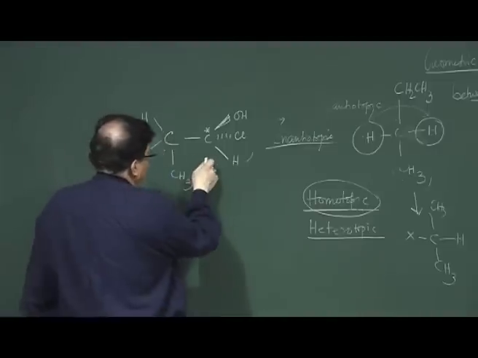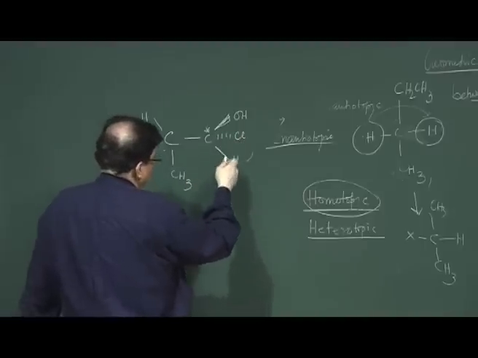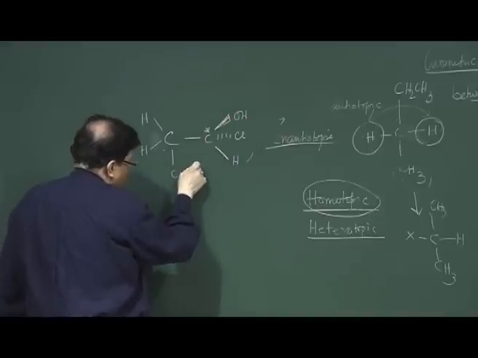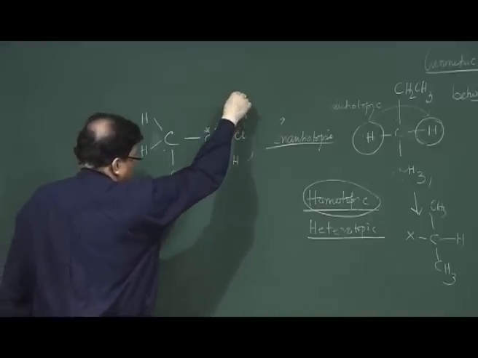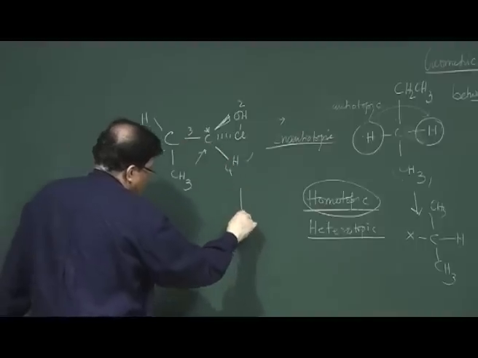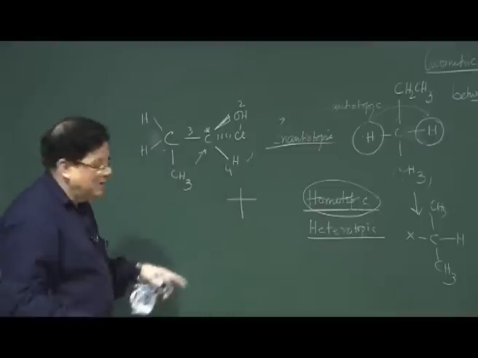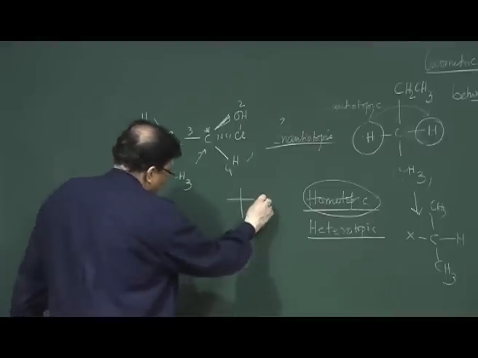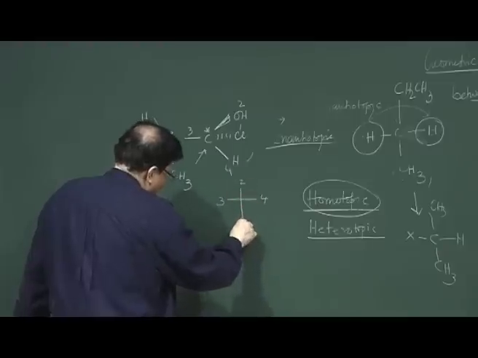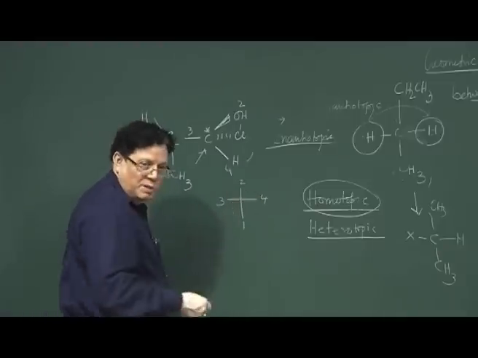Okay, let us try to do the RS configuration if you want. I draw the Fischer projection, this is 1, that is 2, this is 3, this is 4. So in the Fischer projection, I should look through the bonds which are similar. So I look from this side. So this is 4, this is 3, this is 2, and that is 1. 4 is on the horizontal side, so whatever I see, it should be the other way around.